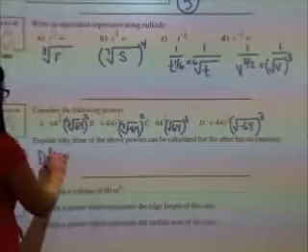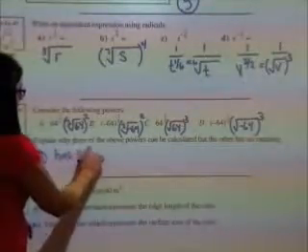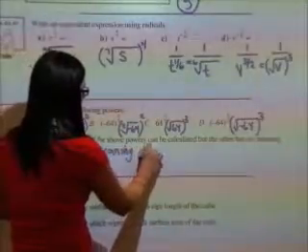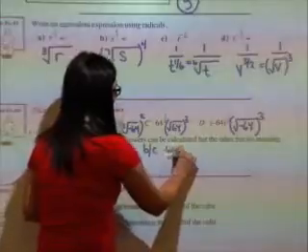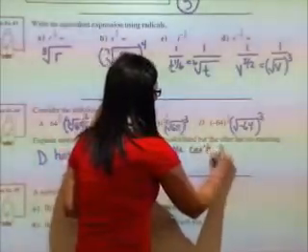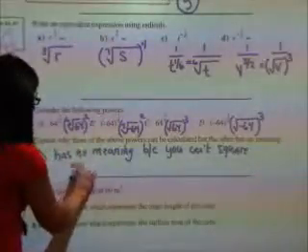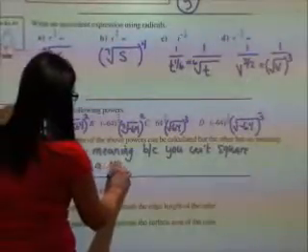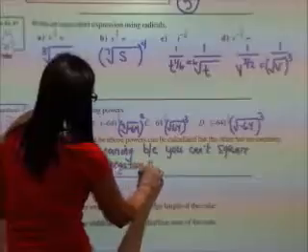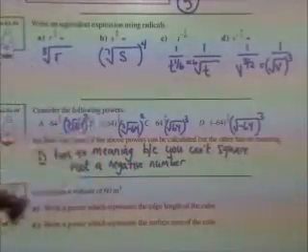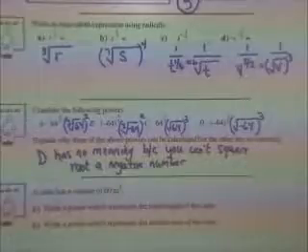So d has no meaning. For what reason? Because you can't square root a negative number. You can cube root a negative number, but you cannot square root a negative number.